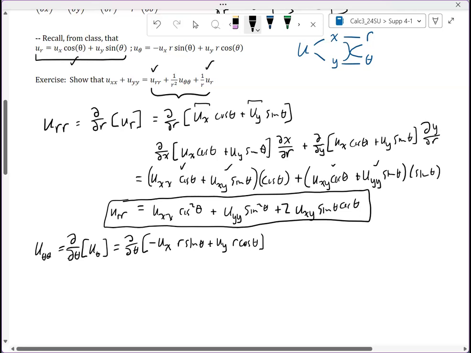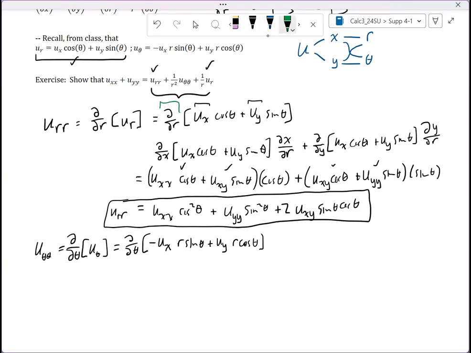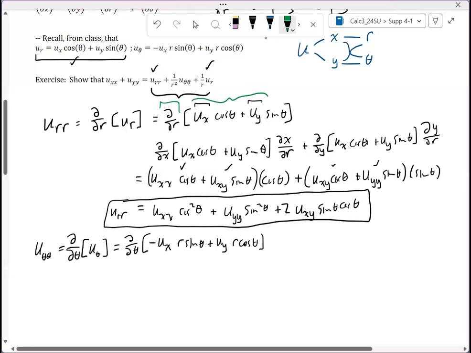And here we might be tempted to do basically the same thing we did above and just say that this is something like uxx r squared sine theta and uyy r squared cos theta and a mixed term, but we have to be a little bit careful here because up here, when we took the partial with respect to r, we didn't actually explicitly see any r's floating around.